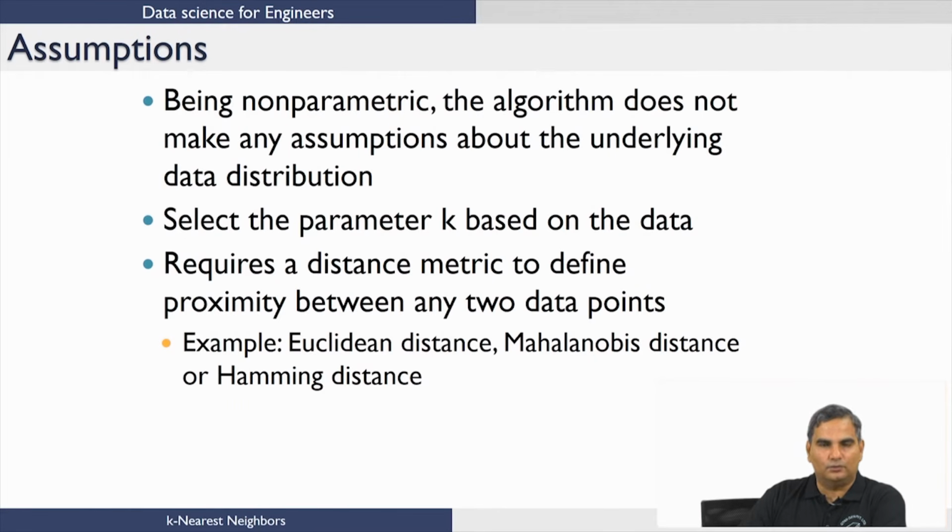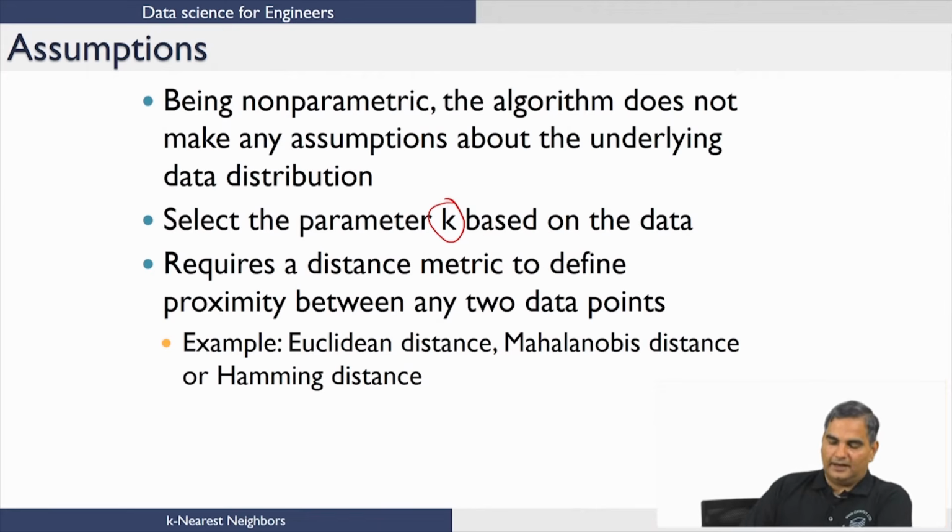So, we are not going to assume a probability distribution or any linear separability assumptions and so on. As I mentioned before, this k, the number of neighbors we are going to look at, is a tuning parameter, and this is something that you select. So, you use a tuning parameter, run your algorithm and if you get good results, then keep that parameter. If not, you play around with it and find the best k for your data.